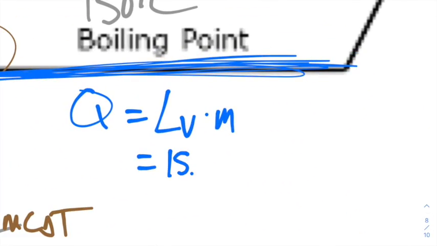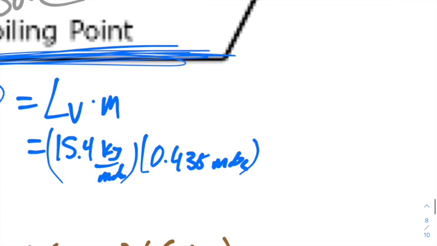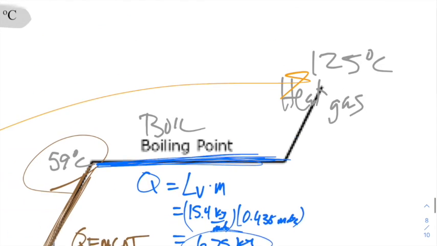So that's easy. 15.4 kilojoules per mole times 0.438 moles. So that gets us 15.4 times 0.438, 6.75 kilojoules. So that's for step 4.